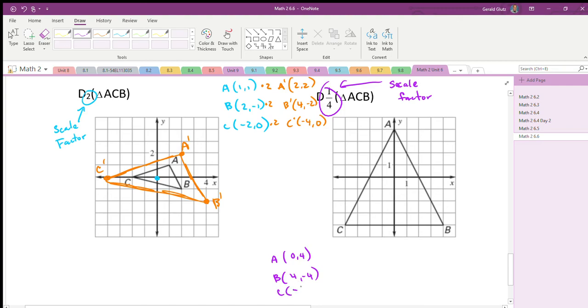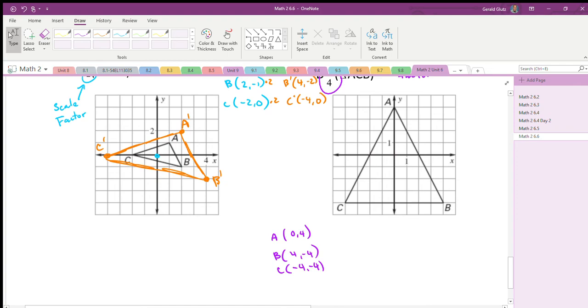C is at -4, -4. So again, we should always check to make sure these either have or don't have the prime symbols. There's no prime symbols, it's just triangle ABC, so this is the original. To find the new one, I have to multiply by the scale factor, so times 1/4, times 1/4, times 1/4.